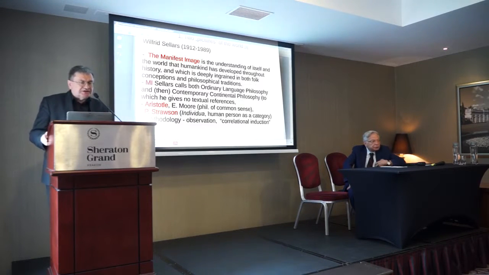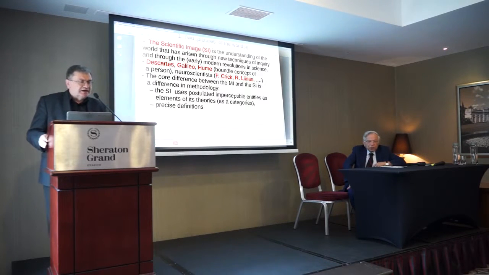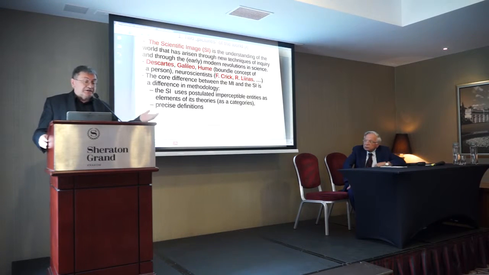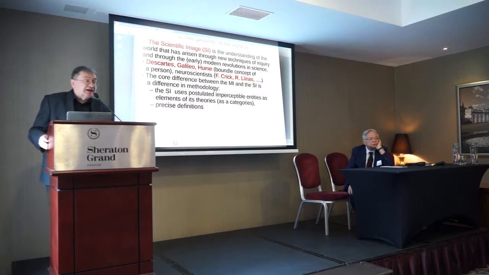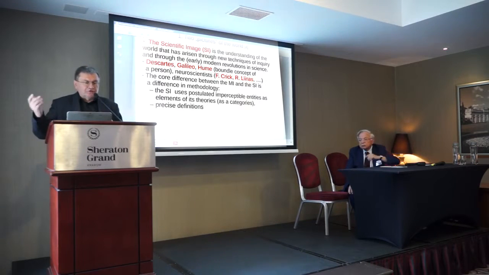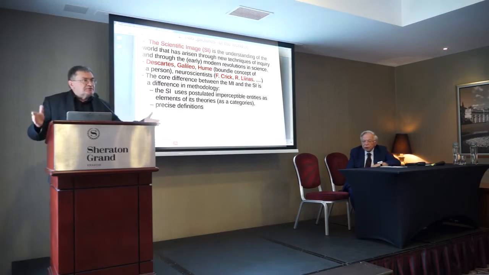The scientific image is the understanding of the world as it has arisen through the new techniques of inquiry and the early modern evolution of science, where we are speaking about Descartes and his new method, how to develop philosophical thinking, but also a science, because he was also a scientist and mathematician. Galileo, with his mathematical models of the universe. Hume, who said that we do not have a substantial kind of person, we have only a bundle of different kinds of perception or something similar.